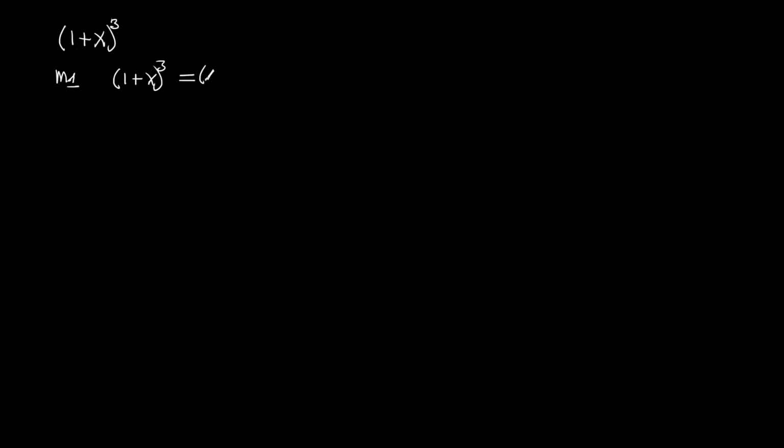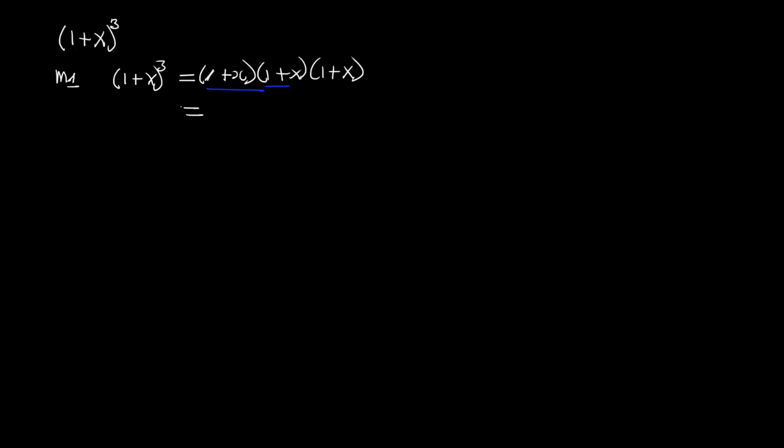That's when we multiply 1 plus x times 1 plus x. We can use the FOIL to multiply these two terms, and then later on multiply it by the last item.